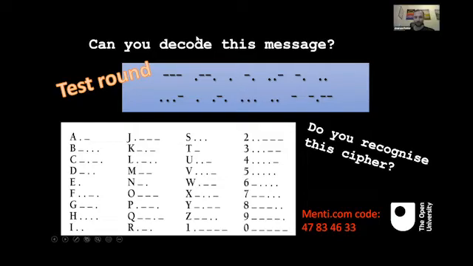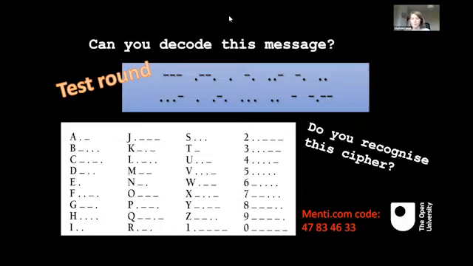The other thing we'd like you to do is practice using Menti. Go to menti.com and type in the number that is on the screen. I'll also paste it into the chat box so you can copy and paste it.